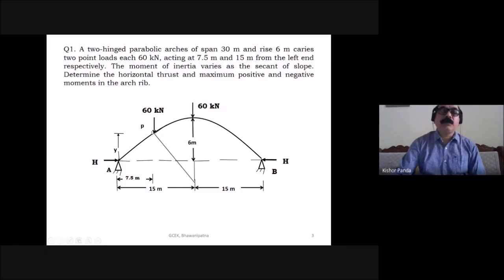The bending moment here is equal to the beam moment diagram minus HY diagram. You have to take the beam moment, that is, due to the vertical load here, find the bending moment, and HY means due to the horizontal thrust, find the bending moment here.